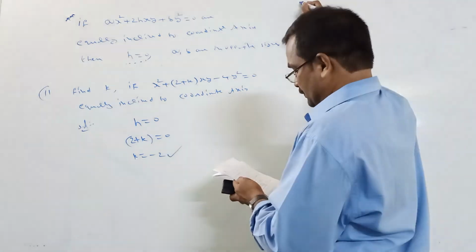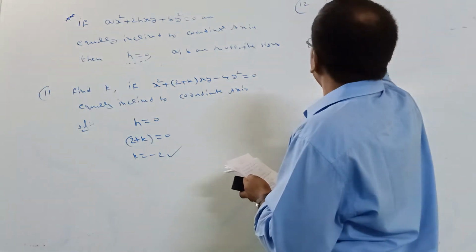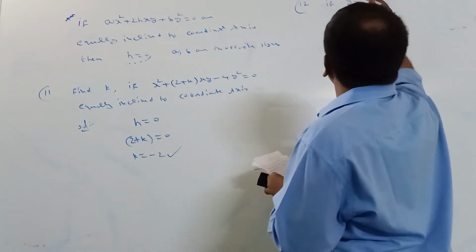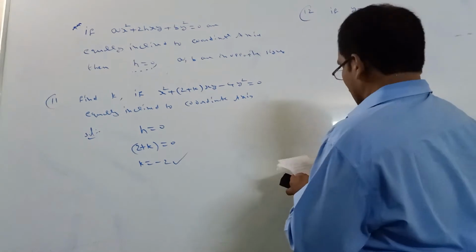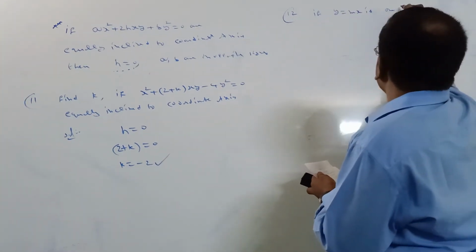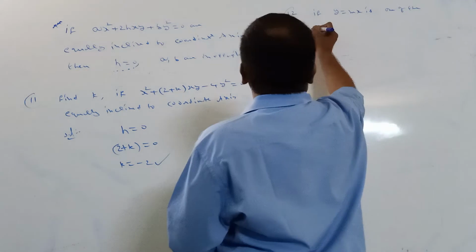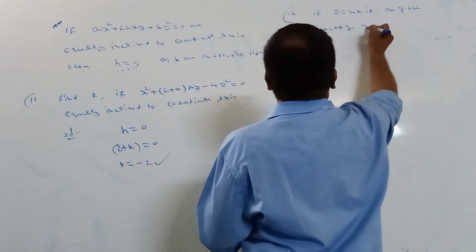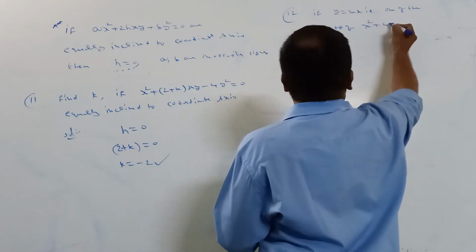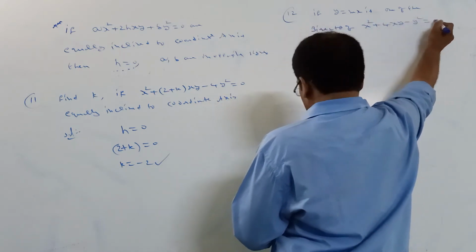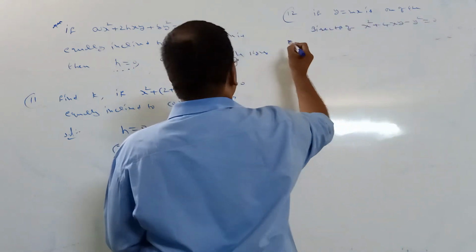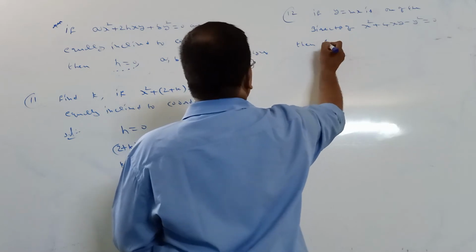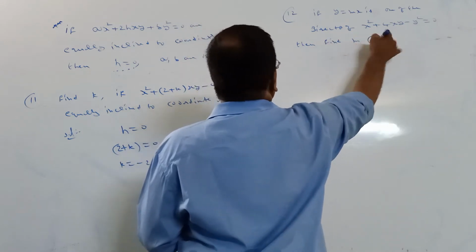Next, if y equal to mx is one of the bisectors of x square plus 4xy minus y square equal to 0, then find small m.